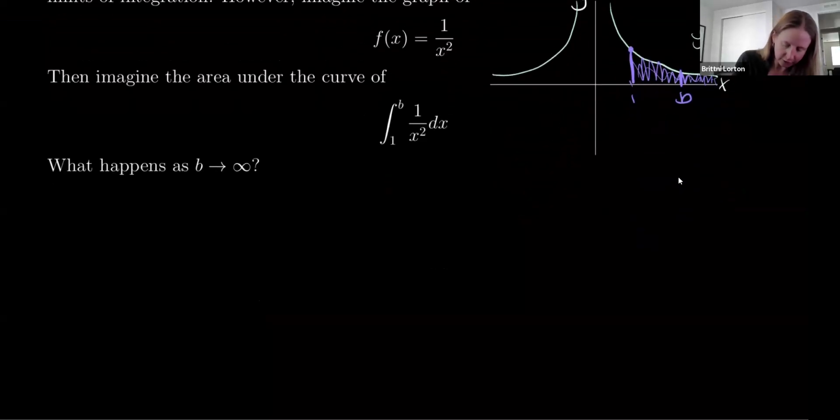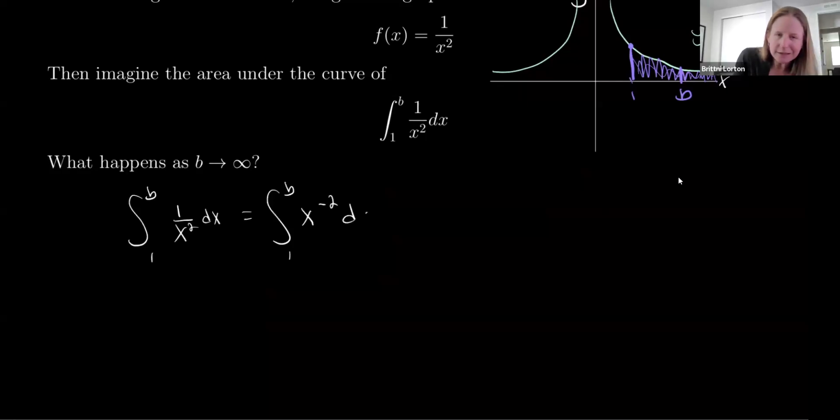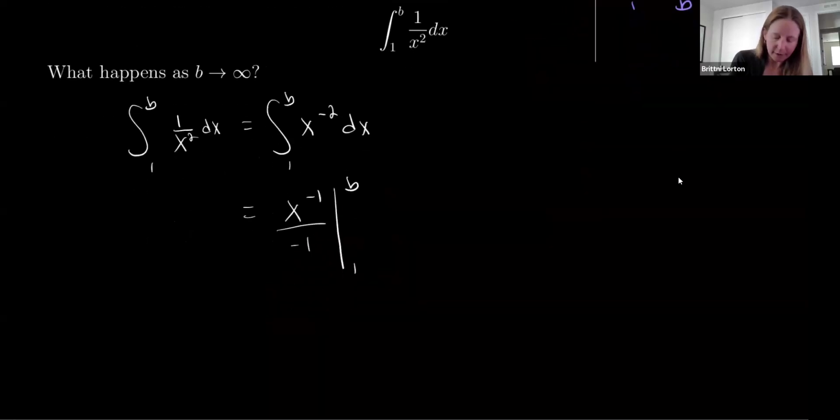So we'll start off with the integral from 1 to b of 1 over x squared dx, which we know can turn into the integral from 1 to b of x to the negative 2 dx. Sometimes that negative exponent makes the antiderivative easier: add 1 to the power, divide by the new power. Then I simplify it first and plug in the bounds.